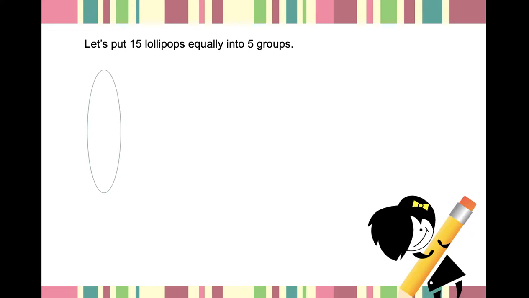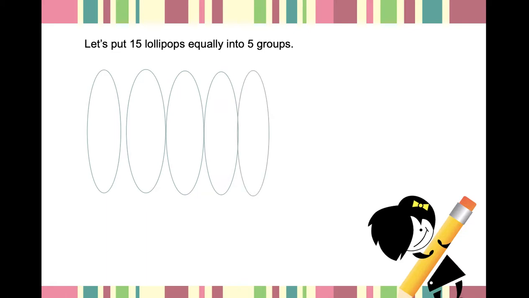I'm going to first make groups. So I made 5 groups here because we are going to divide these 15 lollipops into 5 groups. Now let's divide these 15 lollipops into these 5 groups.